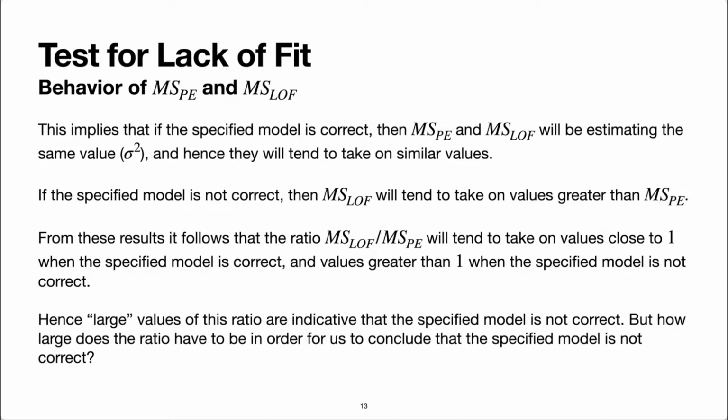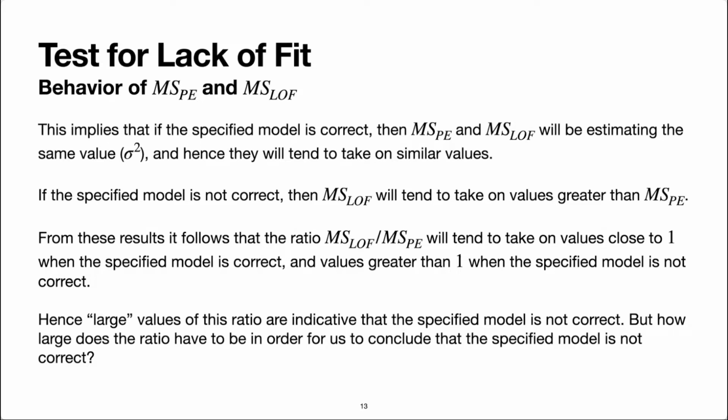And so large values of this ratio are what we're going to be looking for to indicate to us that the specified model is not correct. But the question is, how large does that ratio have to be in order for us to conclude that the specified model is not correct? Well, that requires us to know something about the sampling distribution of this ratio.